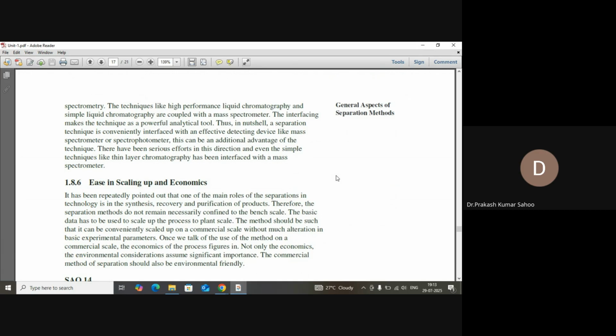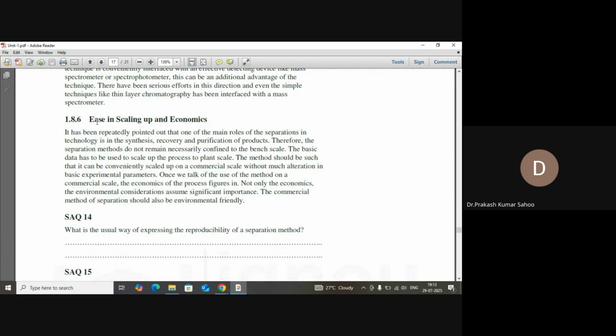Then we have the most important thing, that is the economic point of view. That means what we are trying to separate, and by which technique we are adopting for the separation, that matters. As we know, there is a small difference between mineral and ore.